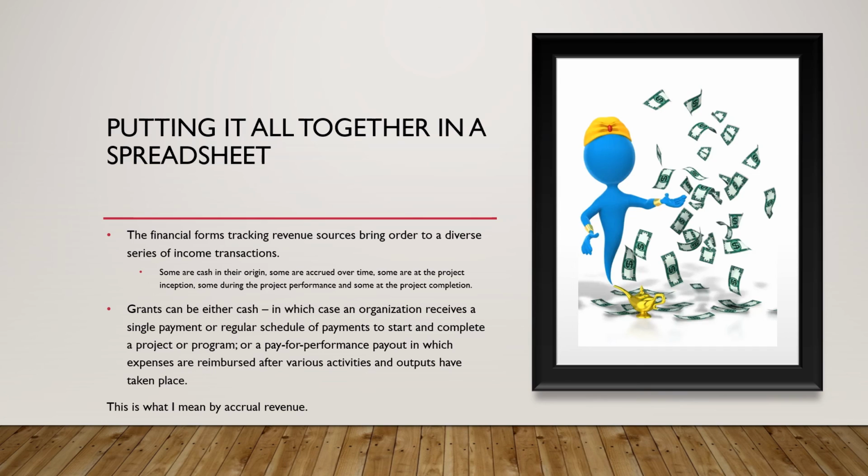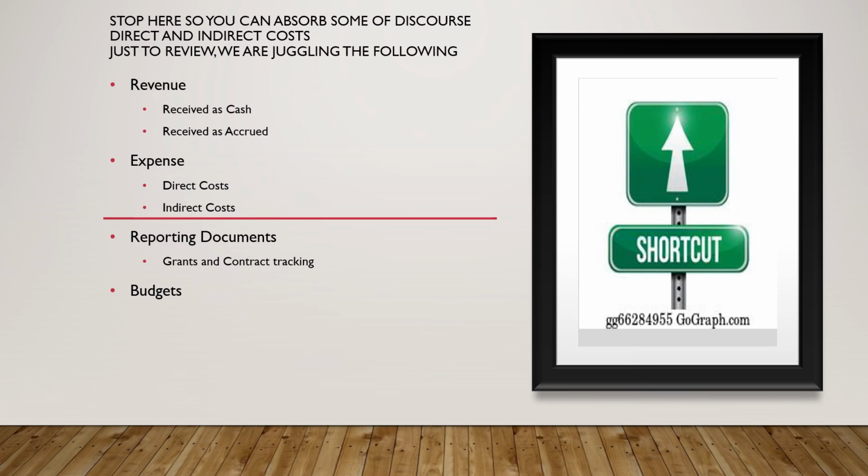Grants can be either cash, in which case an organization receives a single payment, or regular scheduled payments to start and complete a project or program, or a pay for performance payout, in which expenses are reimbursed after various activities and outputs have taken place. So this is what I mean by accrual, this last bit.